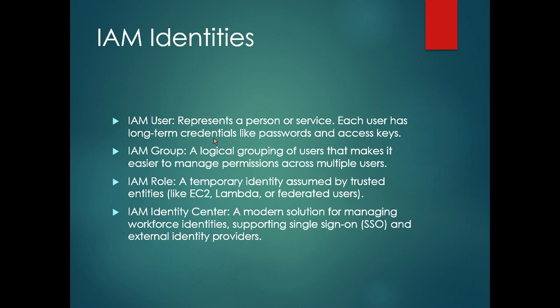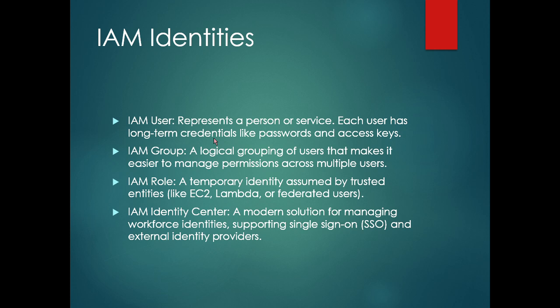What is an IAM user? A named individual with login credentials is nothing but an IAM user. It can be a person or a service. Each user has long-term credentials like passwords and access keys.